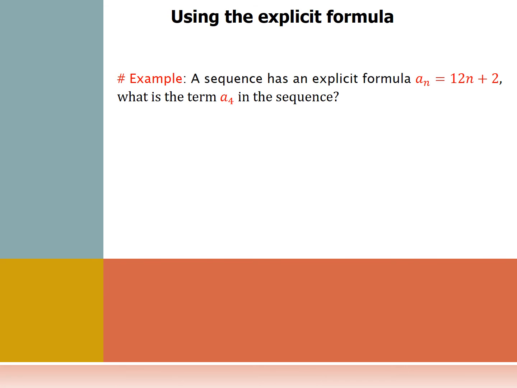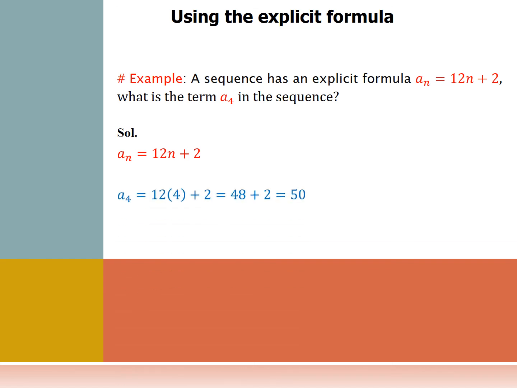Another example. A sequence has an explicit formula an equals 12n plus 2. The question here is, what is the term a4 in the sequence? So we can determine any term of the sequence. This is the explicit formula.